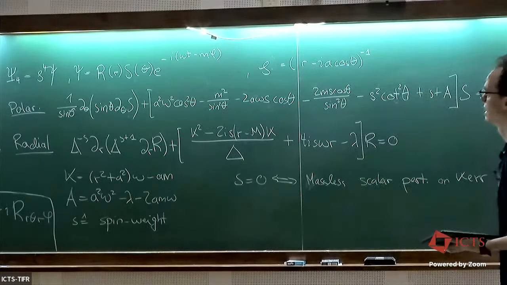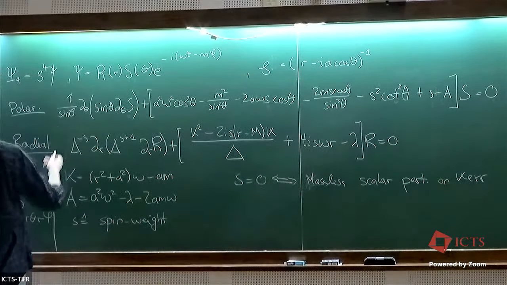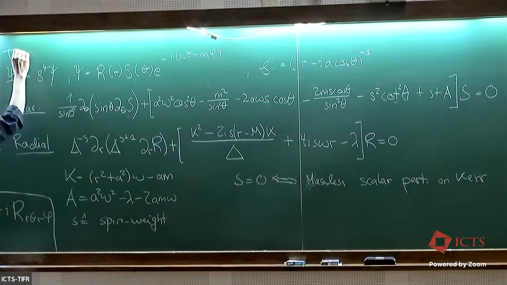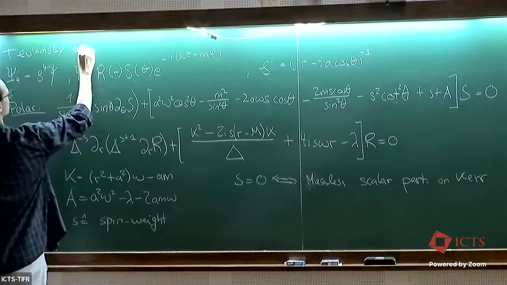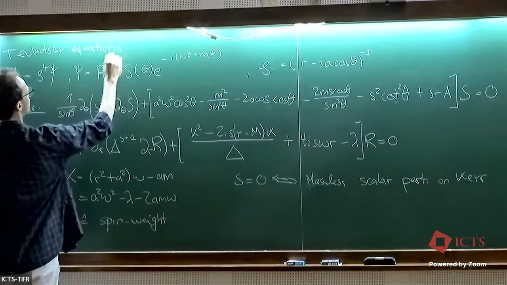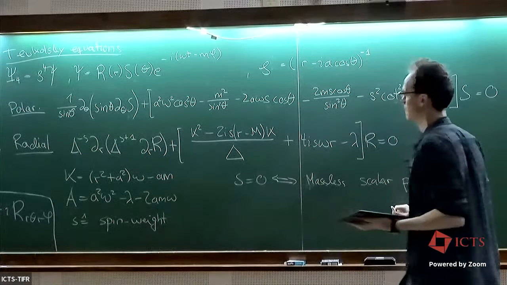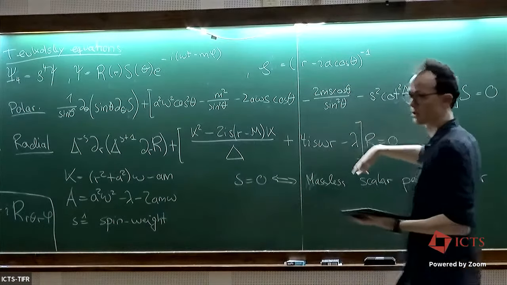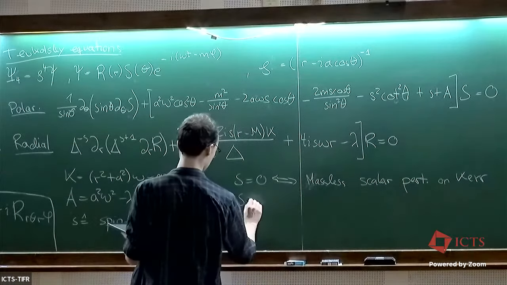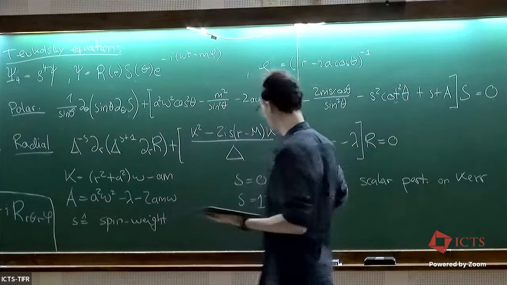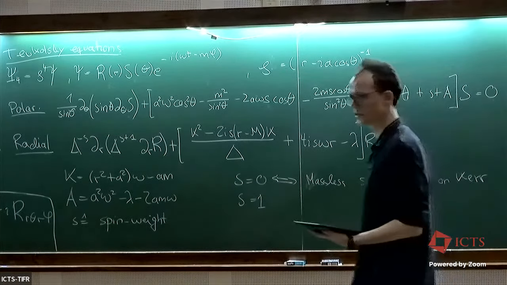Okay? And so the magic of these, which are called the Teukolsky equations, maybe I should write it over. Teukolsky equations. I hope this is still visible online. So these two are called the Teukolsky equations. And the magic here is that if you plug in s equal to 1, then you get the perturbations of an electromagnetic field around a Kerr black hole.